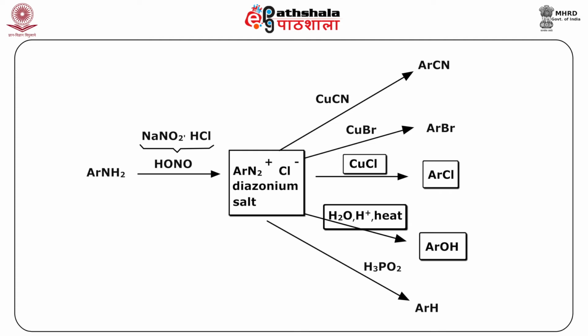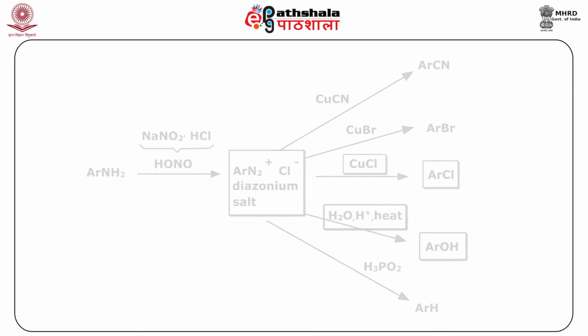a premier leaving group. It can react in the presence of NaNO2 and HCl, which produces HNO2 in situ, producing the aromatic diazonium salt, which in turn reacts with a number of reagents producing aromatic cyanides, halides, phenols and aromatic hydrocarbons.